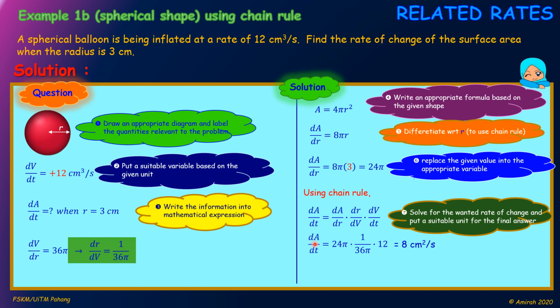When we compare to the given question, we want to find dA over dt, and now we have got dA over dt. This means that this is the final answer. So we can write: the surface area is increasing at a rate of 8 cm squared per second. We have a positive value here, so that's why the word is increasing.